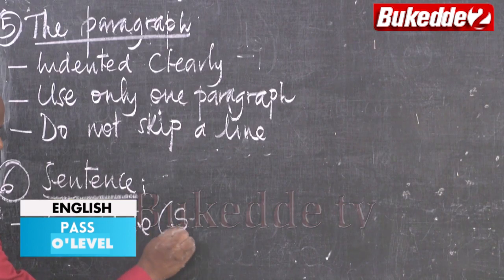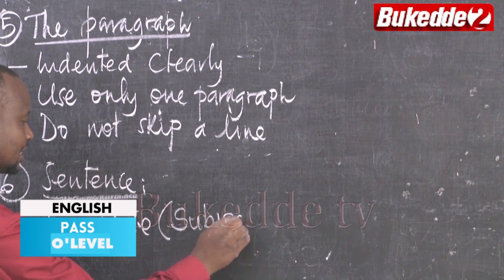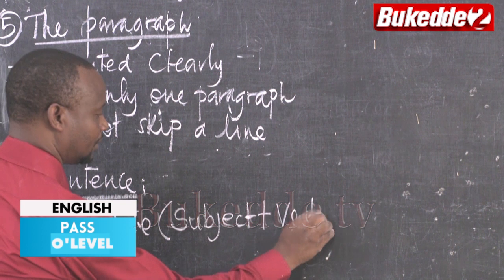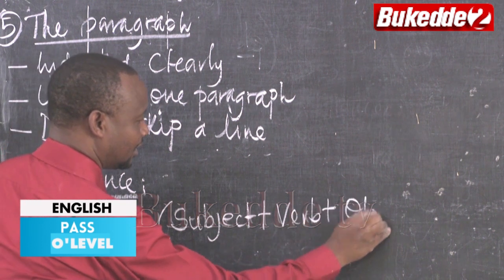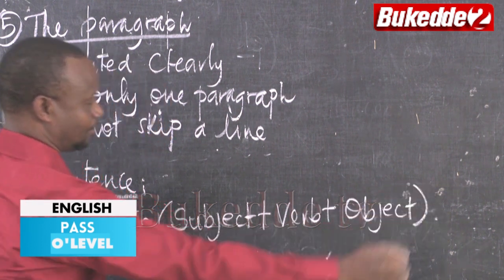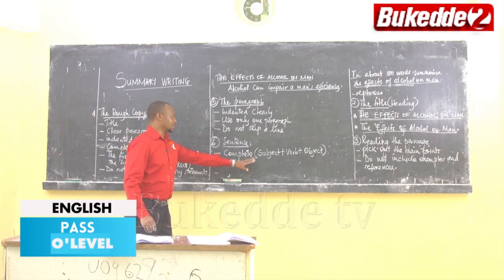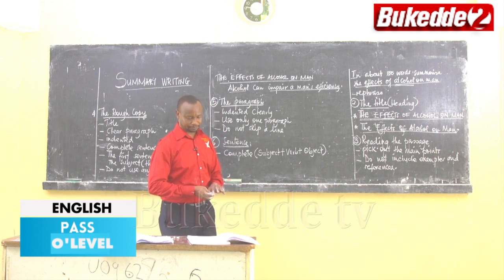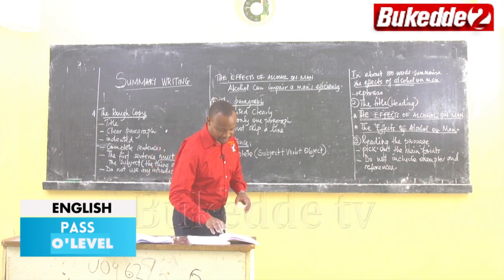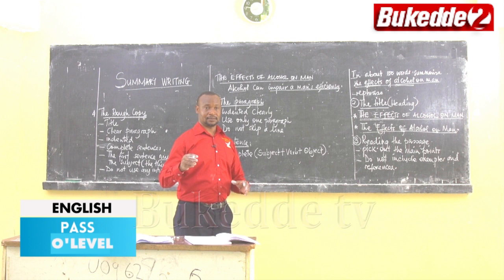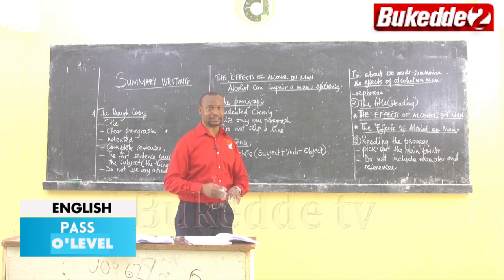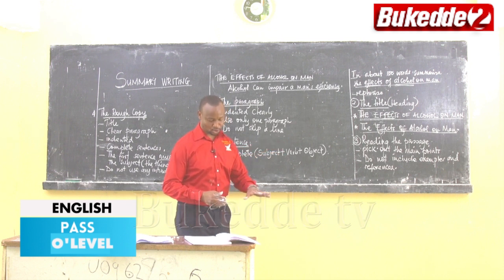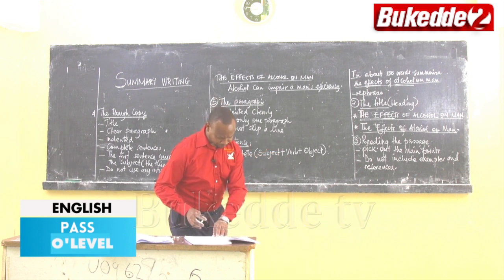Every sentence, we know, must have a subject, it must have a verb, it must have an object. That is a lesson for another day when we're talking about types of sentences and maybe sentence structure. We'll look at what is the verb, what is the subject, what is the object, and so on and so forth.